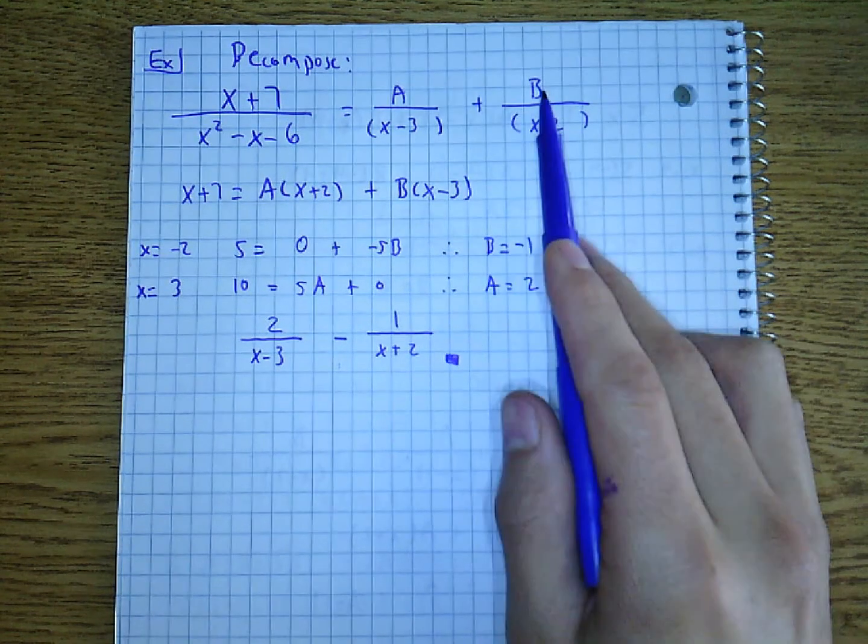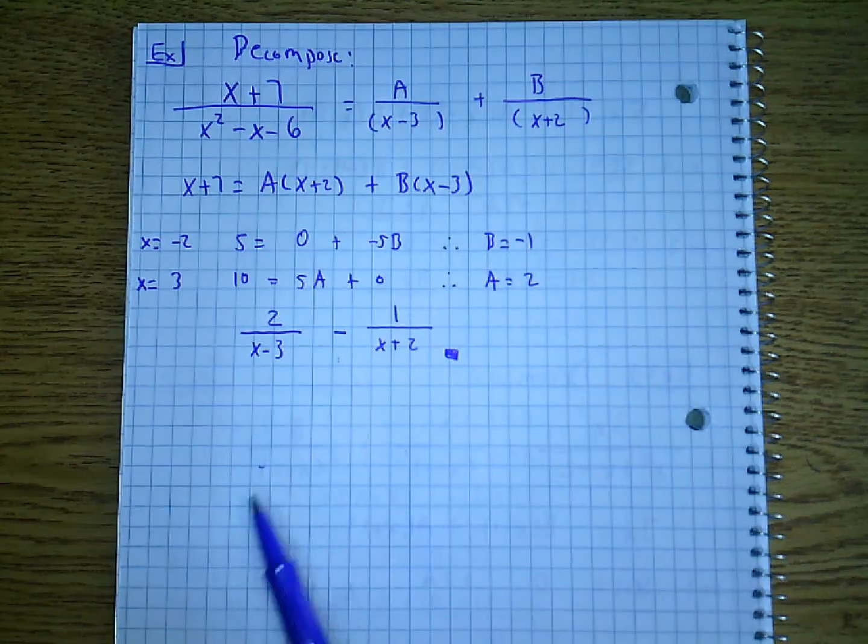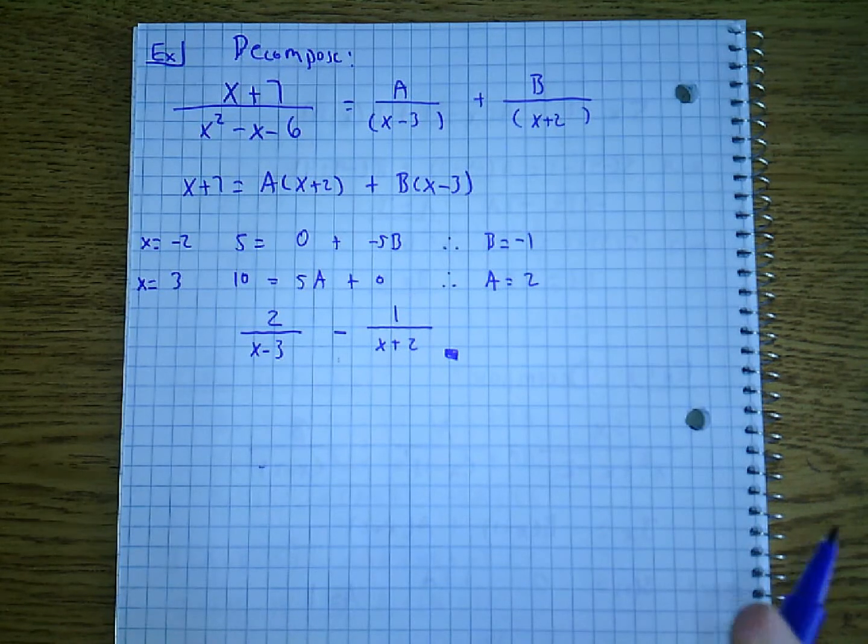All right. Any questions about distinct linear factors or this example for that? I got the same thing as you, but I still got minus 1 over x plus 2 and 2 over x minus 3, but I got b equals 2 and a equals negative 1.